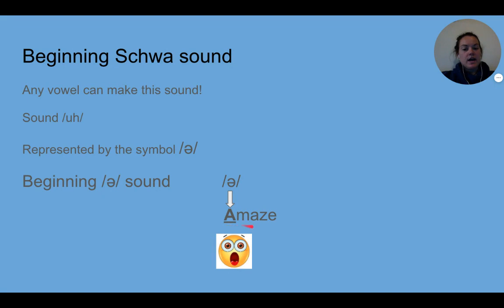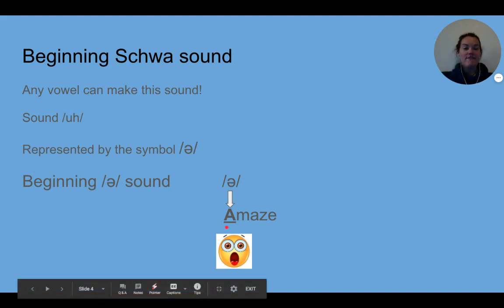For example, right here you have the word amaze. Normally when you see the vowel A, you would say /a/ for apple. But this is the schwa sound. So if the letter is at the beginning of a word, it's not /a/.